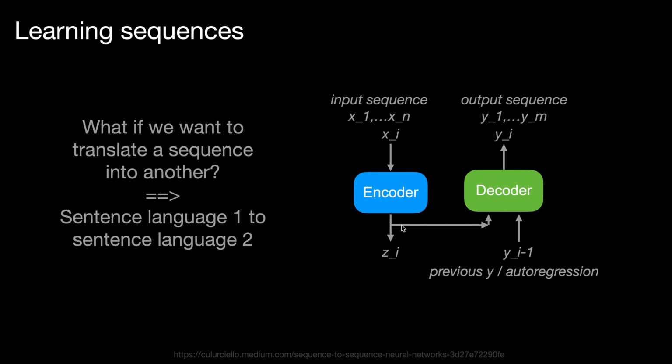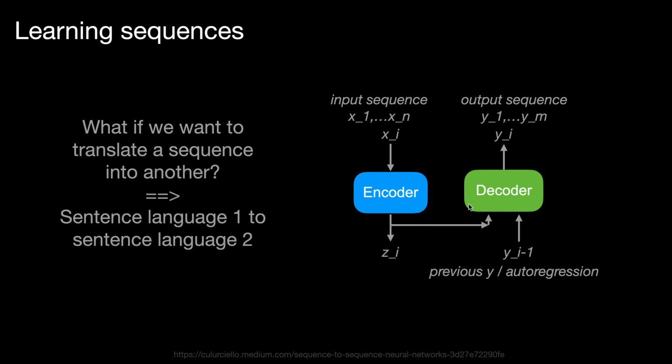But this time I will also feed this output to a decoder. The first one is learning the first language, and the second one is learning the second language. So I'm going to feed the output of my encoder into the decoder.